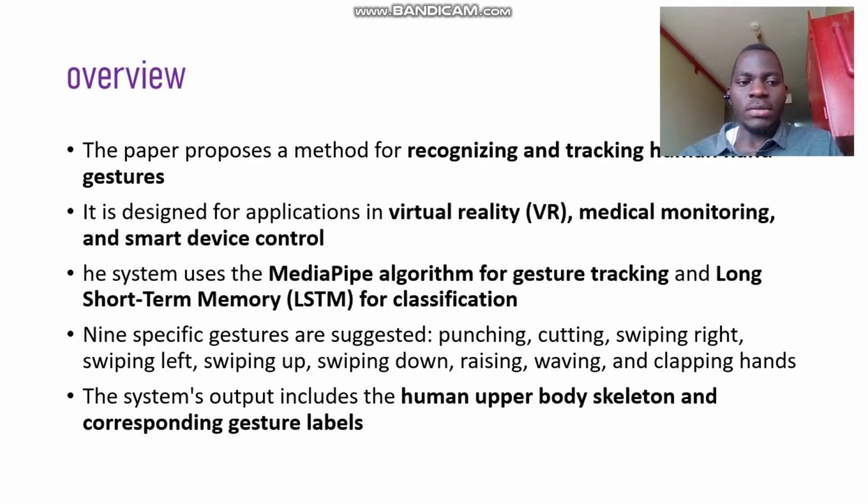They were focusing on specific gestures like punching, cutting, swiping, the way they are done while controlling, let's say, virtual reality, while playing games. They were focusing more on the upper body skeleton and the corresponding gesture levels, not on the whole body, to extract these gestures.